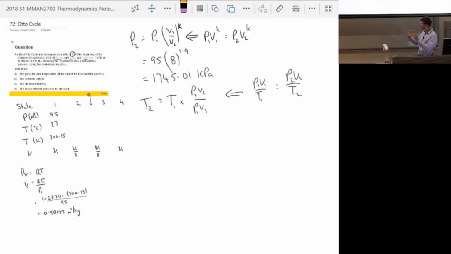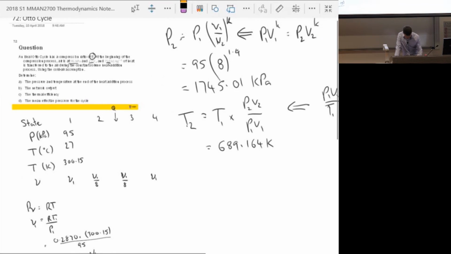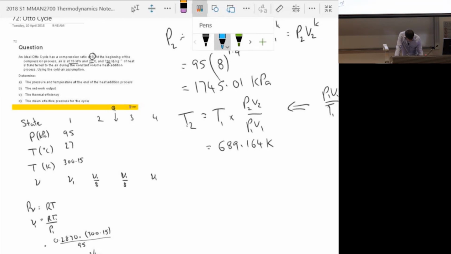So we've just rearranged the combined gas law to give us an equation that's going to help us to solve our temperatures. And so our T2 is 689.164 Kelvin. So now I'm going to come back to my table.